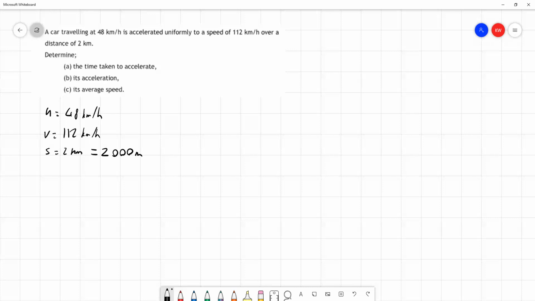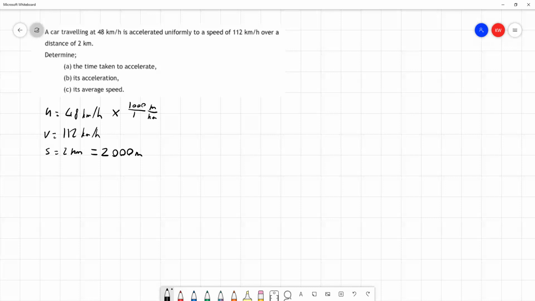For our speeds in kilometers per hour, we know a quick way is to divide by 3.6, and that will give us the velocity in meters per second. But just a reminder of why we're doing that: to convert kilometers to meters, we're multiplying by 1,000 and dividing by 1, because that's the ratio of meters to kilometers. 1,000 meters is 1 kilometer.